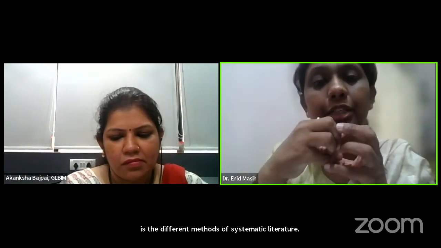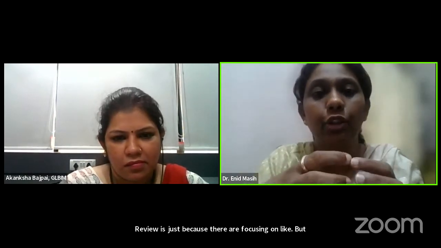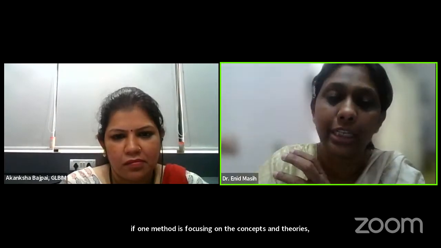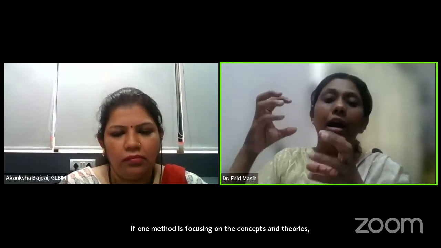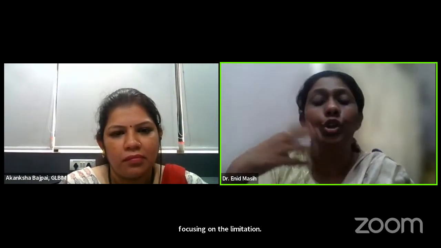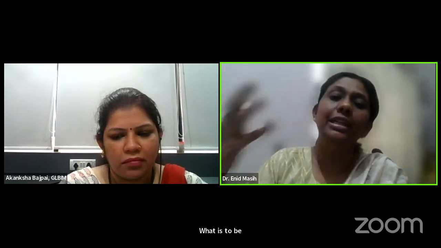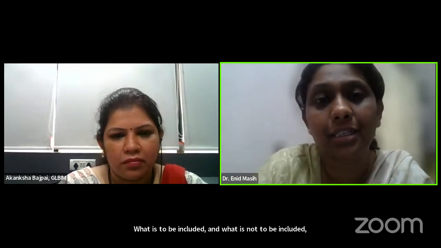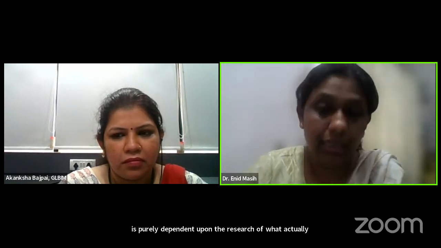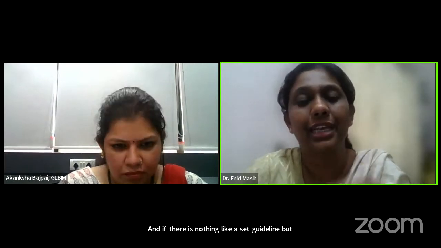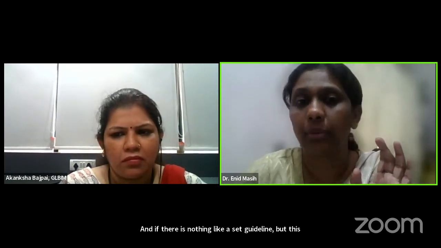If one method is focusing on the concepts and theories, another method, the critical method, is simply focusing on the limitation part. So what is to be included and what is not to be included is purely dependent upon the researcher, what actually a researcher wants. There is nothing like a set guideline that this must be included in your study and this must be excluded from your study.